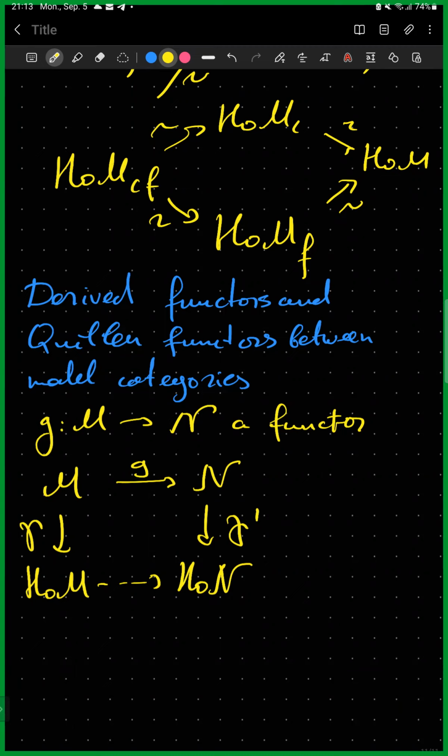However, this can be somewhat remedied by considering the closest approximation to this descent to homotopy categories. This is where the notion of a derived functor comes from. It's just an approximation of a functor on the level of homotopy categories.